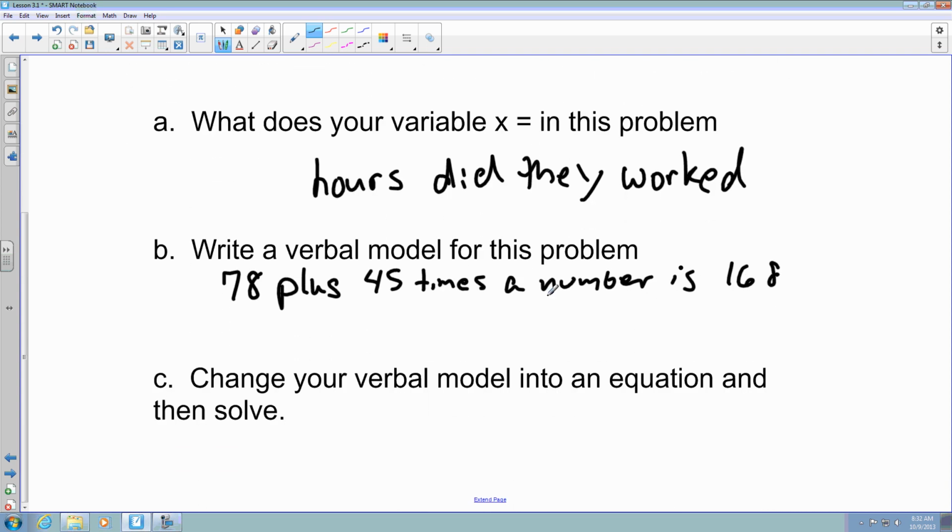If I change the verbal model into an equation, it's going to look like 78 plus 45x equals 168. And now I'm going to subtract 78 from both sides.